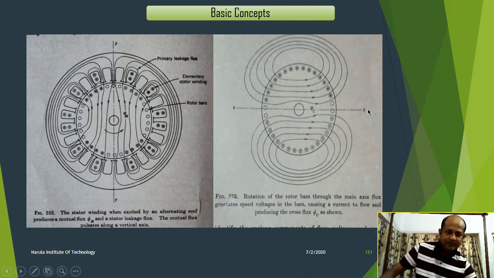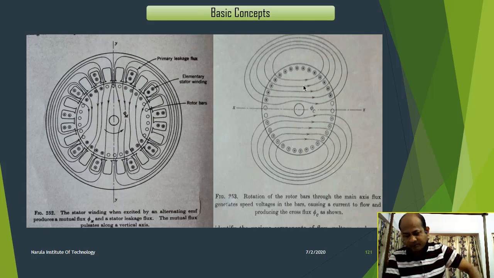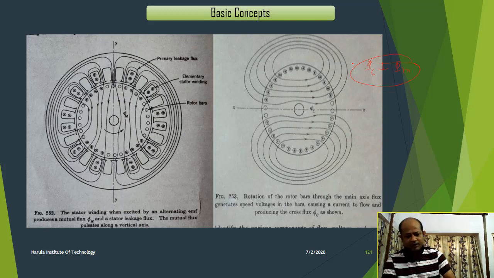It is in space quadrature with the main field flux, and phi c remains in space quadrature with respect to phi m. We will establish rigorous proof of this later on, and previously we have shown that it remains in space quadrature.